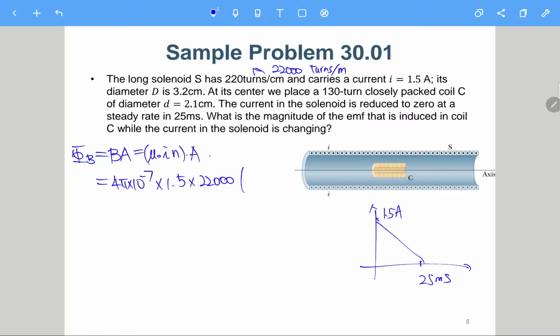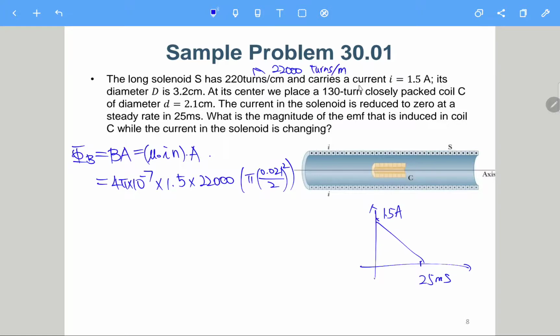And then the area for the smaller one would be pi times 0.021 over 2, squared. We consider the smaller one, because when we consider the induced current for coil C, we of course consider the cross-section area for this one, not the larger one.